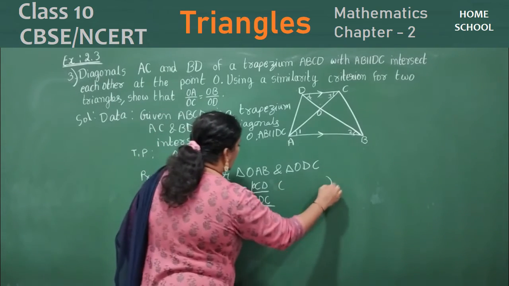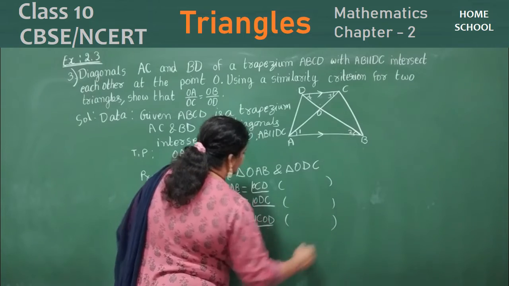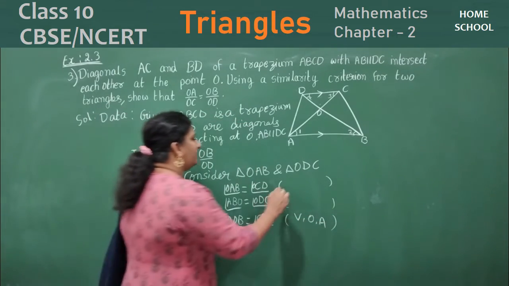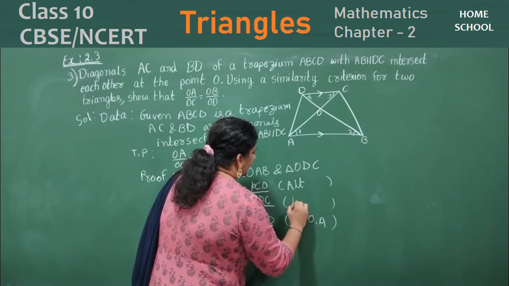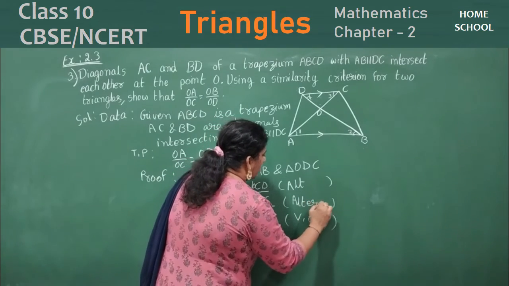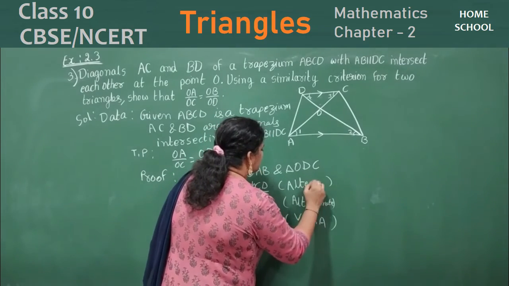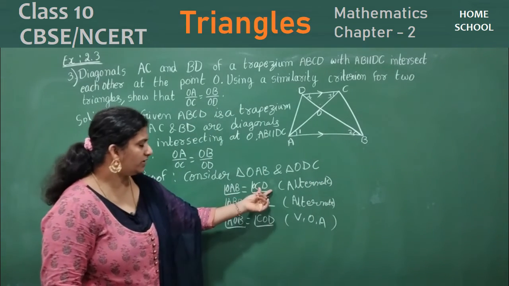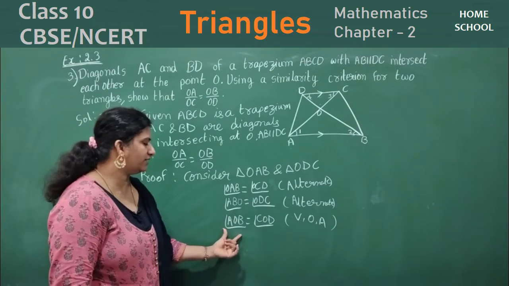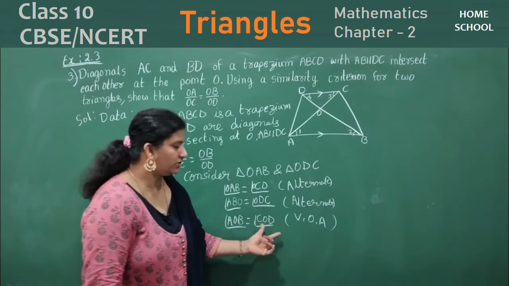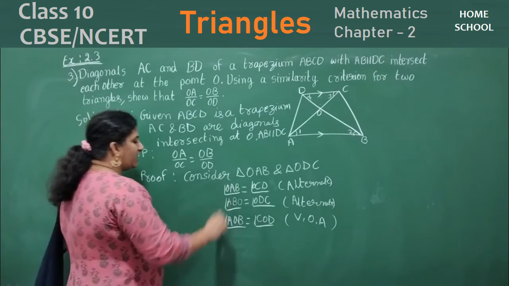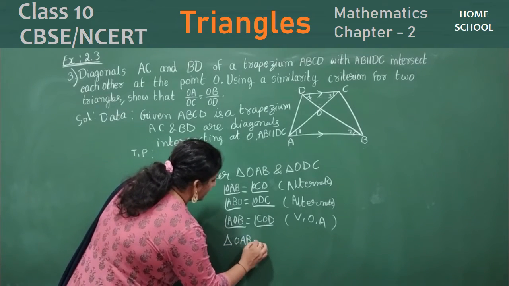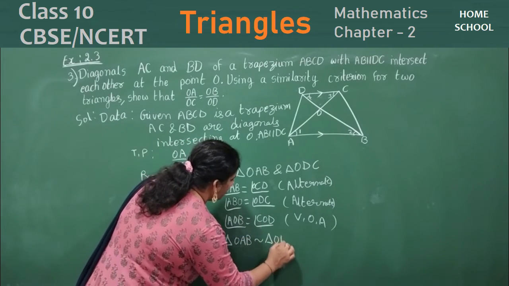So now we are going to write the reasons. This is vertically opposite angles. And these two are alternate angles. This angle is alternate to this, and this angle is alternate to this, and this angle is vertically opposite to the other angle. So what can you say here, children? Therefore, triangle OAB is similar to triangle ODC.